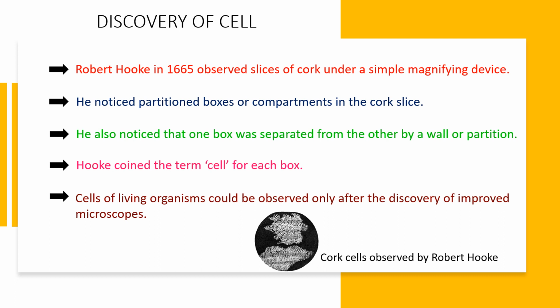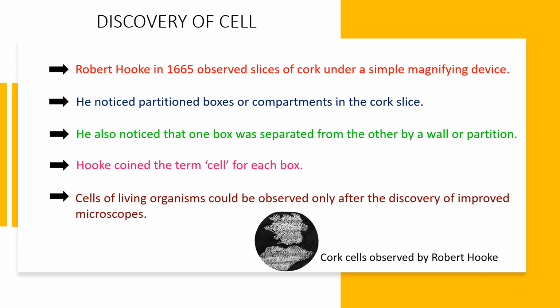So what did Hooke name these partitioned boxes? He coined the term cell for each box. So he called these compartments cells. Cells of living organisms could be observed only after the discovery of improved microscopes.